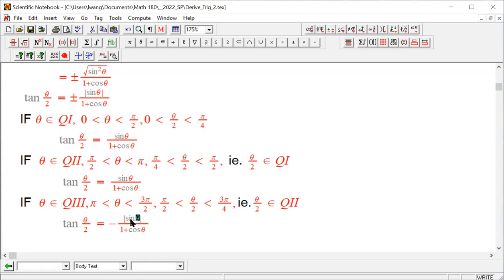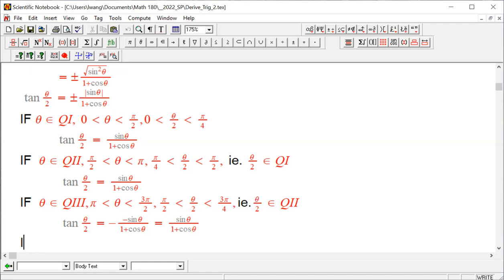Sine in the third quadrant is negative. So sine theta is negative. So when we take the absolute value, this is going to be negative. So now we have a negative multiplied by a negative. So in the end, we still get sine theta over 1 plus cosine theta.